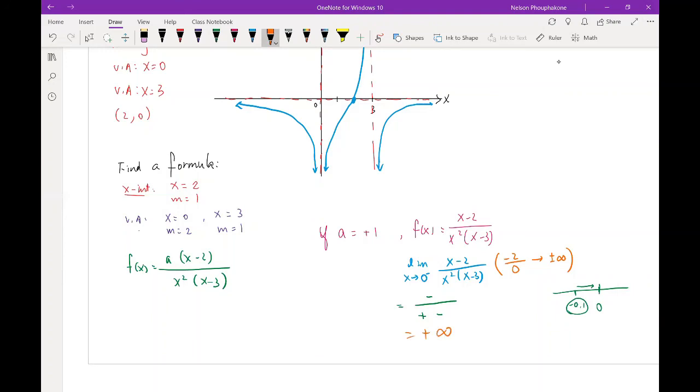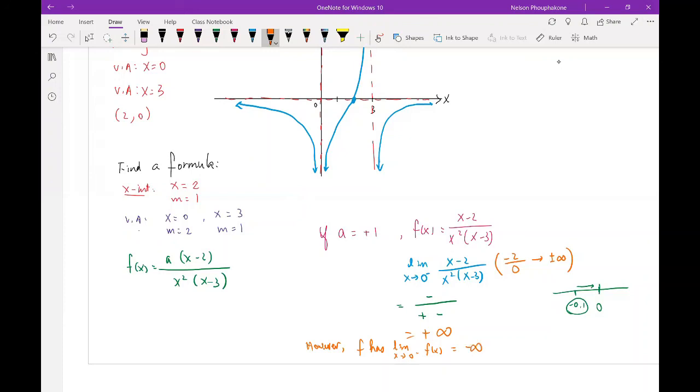However, the limit as x approaches 0 from the left-hand side of f of x is negative infinity.